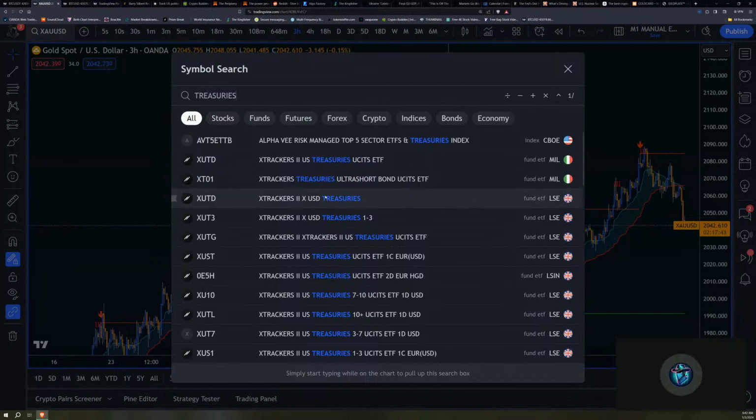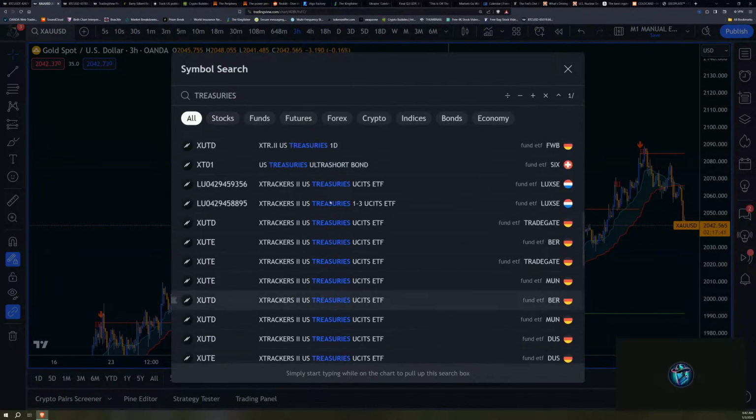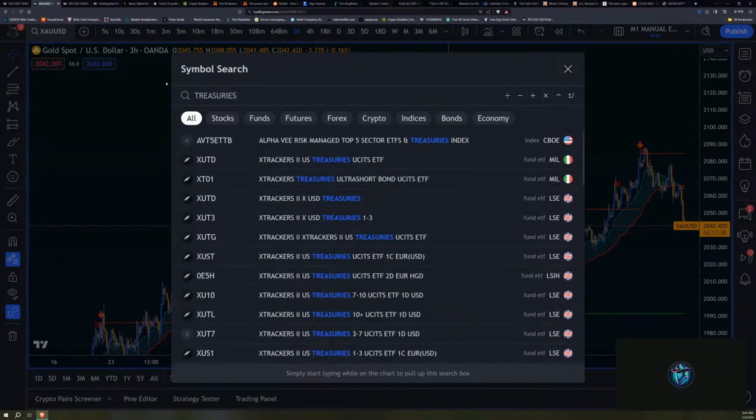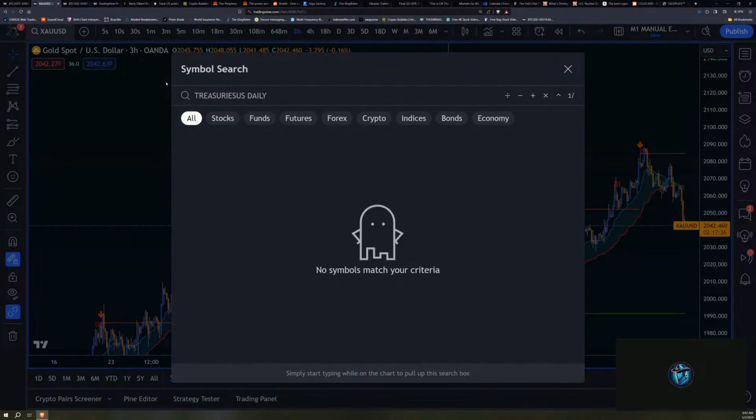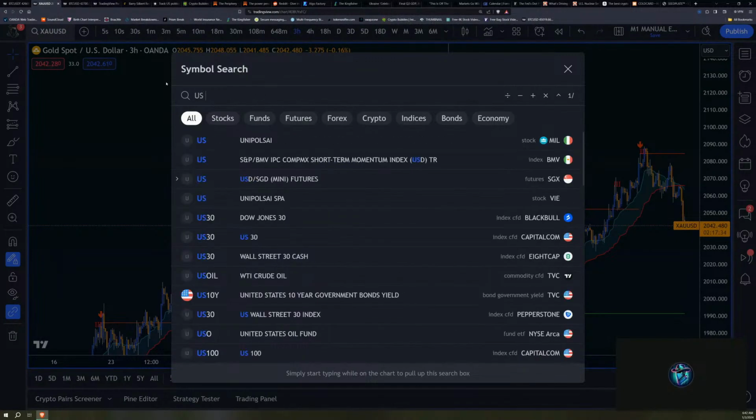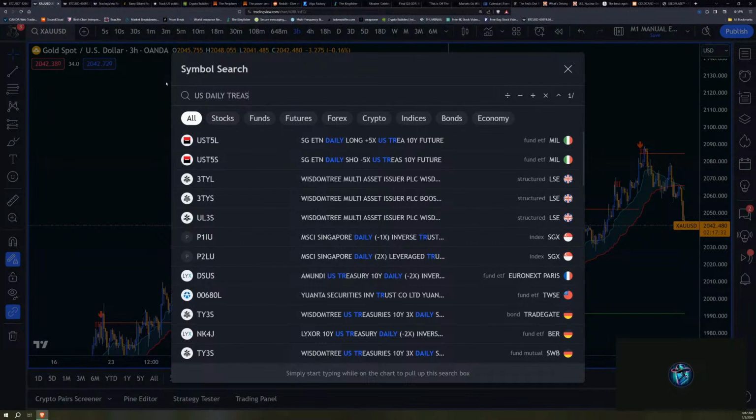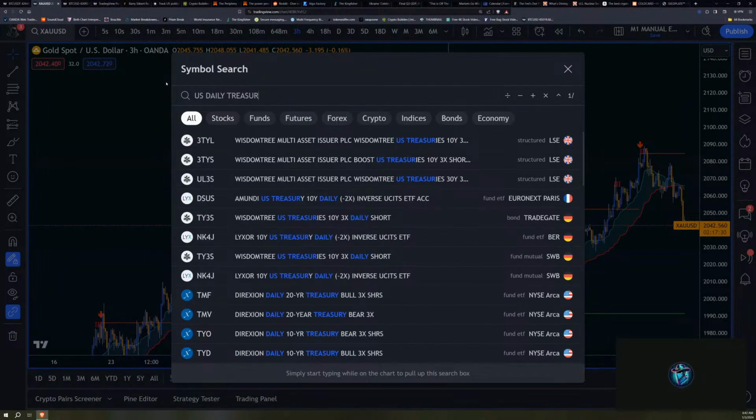We'll see what's happened since. Let's go US daily. There we go. It's US Treasuries 10-year. Where is that one? 10-year daily.